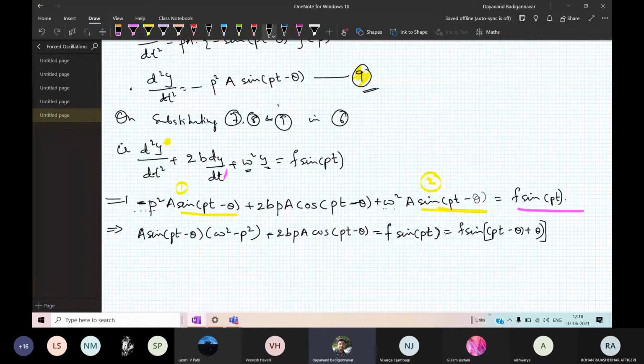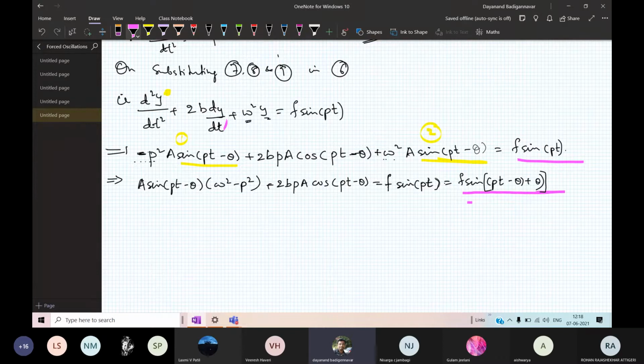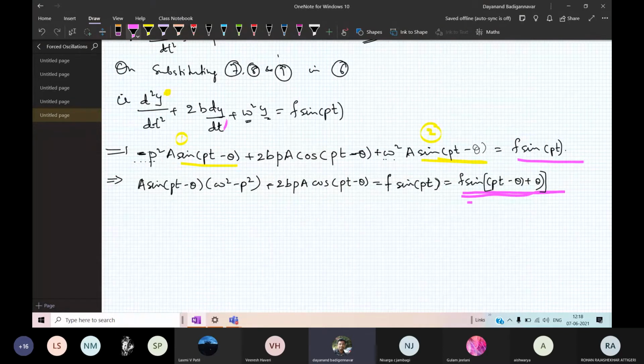Now after that, what I have to do is expand this one. It's a really lengthy expression. This is the expansion I have to do. Why? Because it is sine of PT minus theta, which is sine of a plus b. Now you take the left hand side as it is.